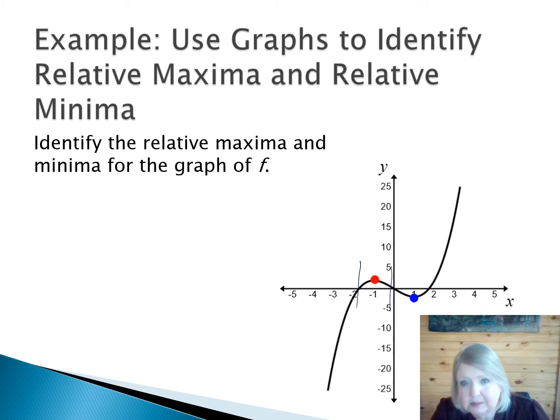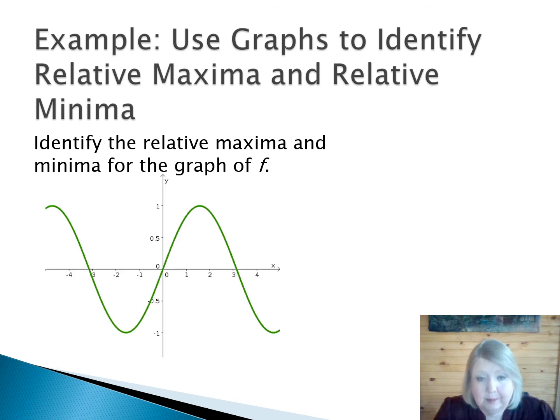It seems to be, I don't know, between 2.5 and 3. That's what I don't like about graphs, and you'll see we'll do the algebra to find it eventually. And I have a relative min right here in blue that also looks to be -3. So I have a relative max of +3, a relative min of -3.